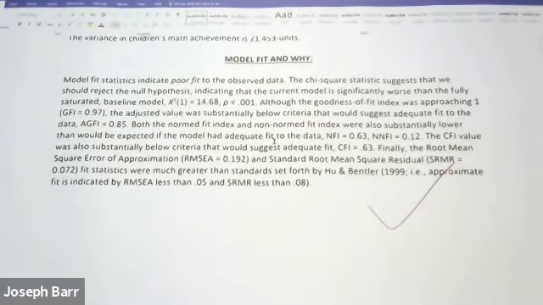In class we said closer to 1 means better. But how close to 1? Usually we compare it with 0.95. If that value, for example CFI or NFI, is close to 0.8, we don't think that's a good model fit index. That number should be above 0.9. And if it's larger than 0.95, then it's good.